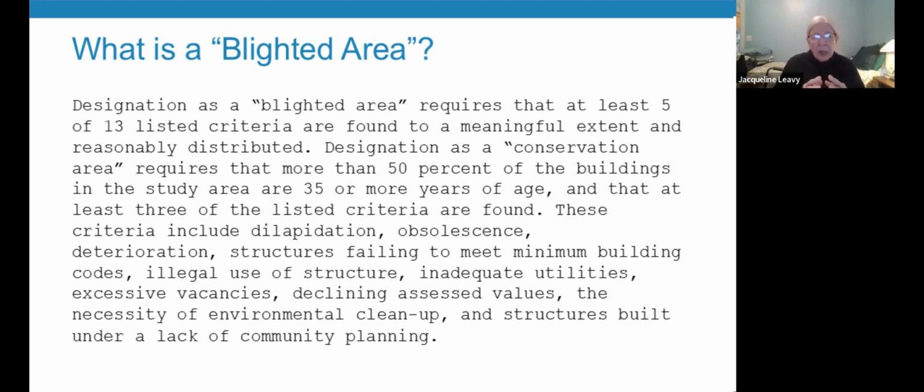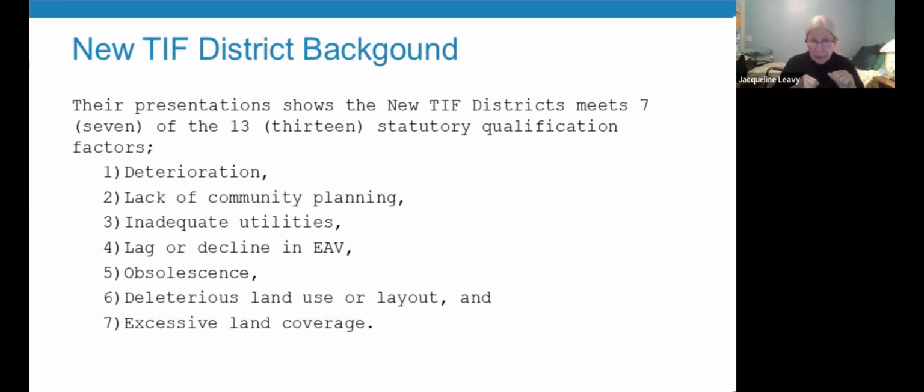And the conservation TIFs are not as hard to demonstrate or prove as a blighted TIF district. So as we see, there are 7 of the 13 statutory qualification factors that the Village of Maywood's proposal is using to qualify basically the 4 new TIF districts. Number 1, deterioration. 2, lack of community planning, inadequate utilities, lag or decline in the EAV, obsolescence, deleterious land or layout, and excessive land coverage.